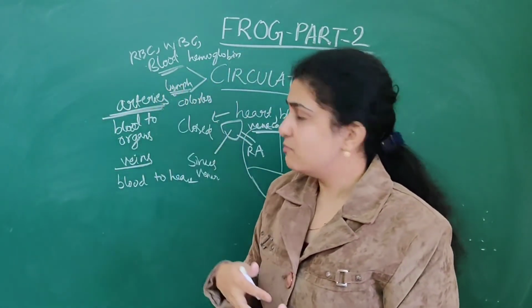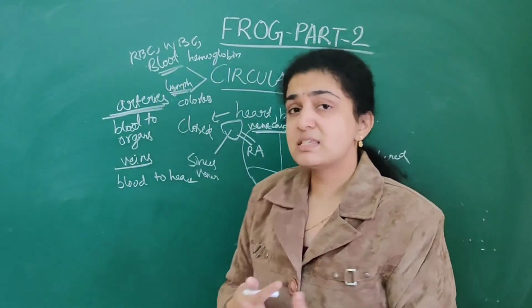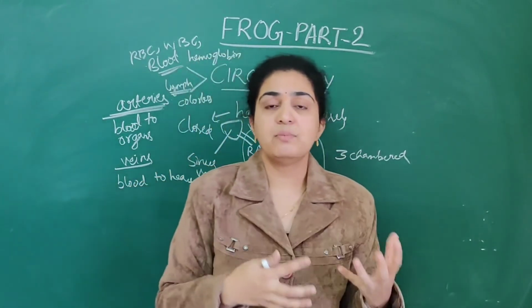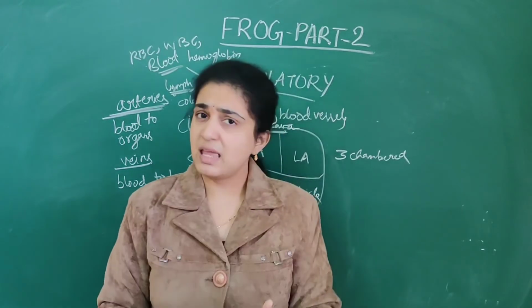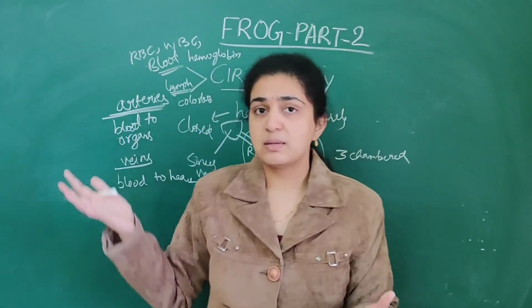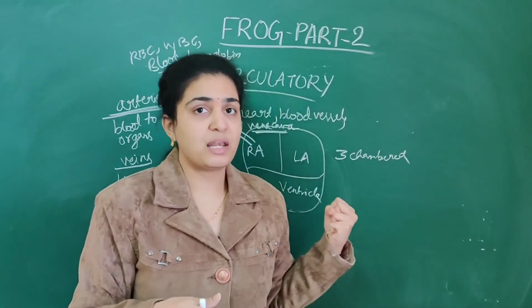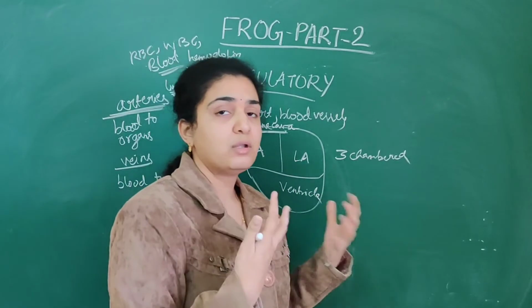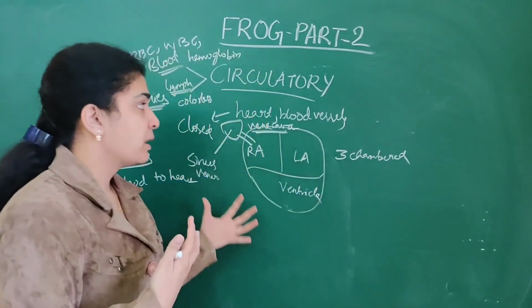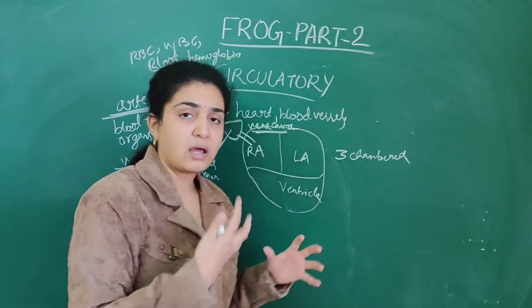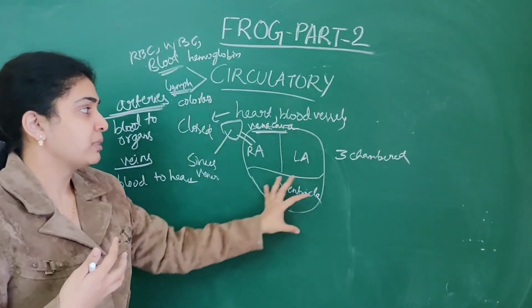Lymph is a colorless fluid, and it has lymph vessels and lacteals, same like in humans. So this is about the blood as well as lymph. You all should write down these points so that you will understand more. These 2-3 points are very important for you.